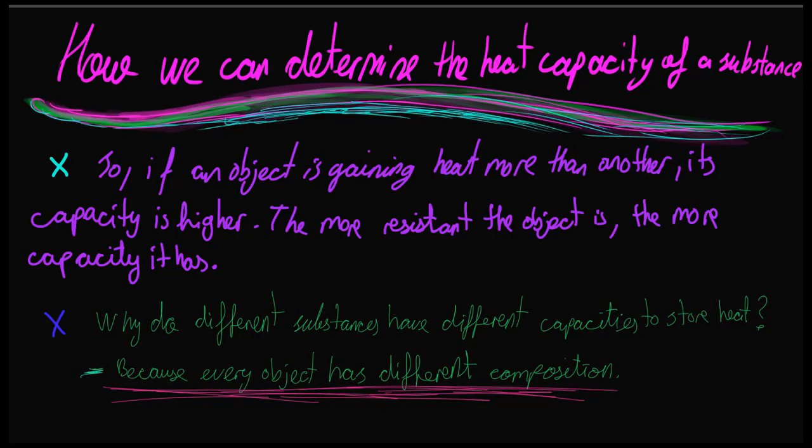How can we determine the heat capacity of a substance? If an object is gaining heat more than another, its capacity is higher.